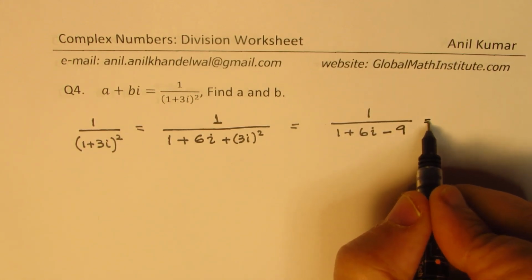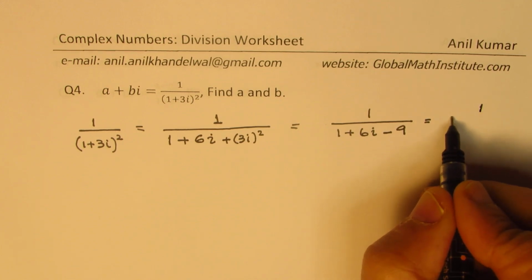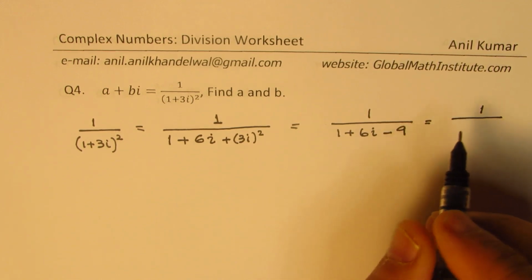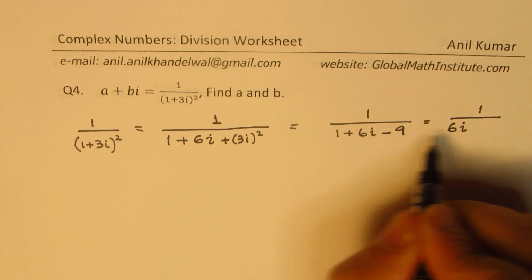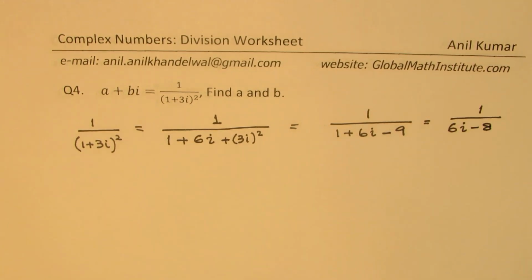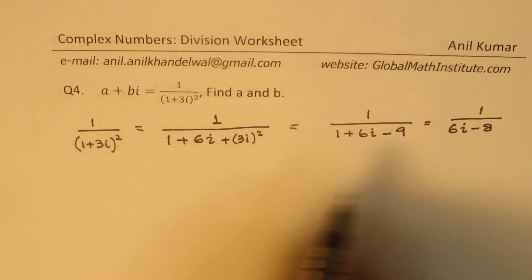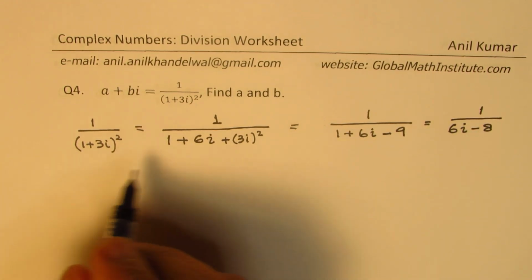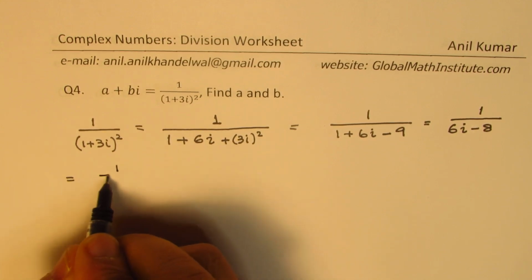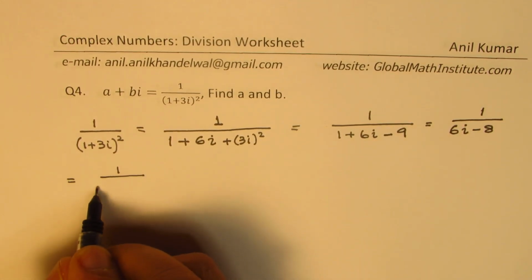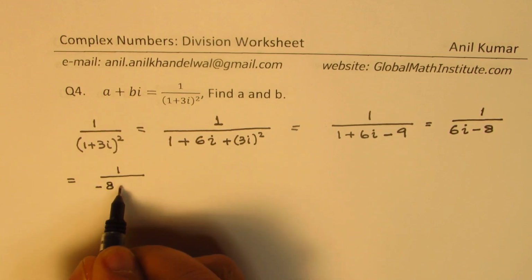So what we get here is 1 over 6i minus 8. Okay? So 1 over 6i minus 8 is our denominator. Okay. Let us realize this. So we have 1 over, let me rewrite this as minus 8 plus 6i.